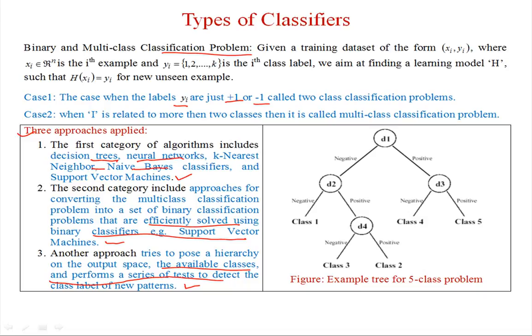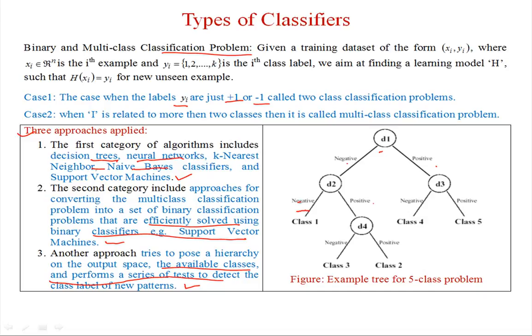Here is an approach of converting multi-class classification into a set of several binary classifications. For example, document D1 is first classified as negative or positive. Then all negative sets are again classified into negative and positive.